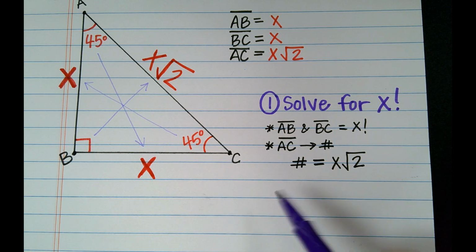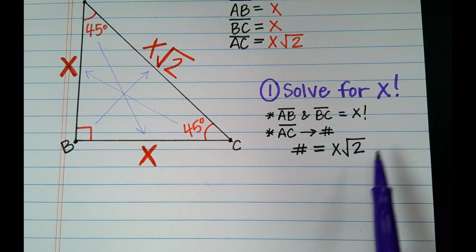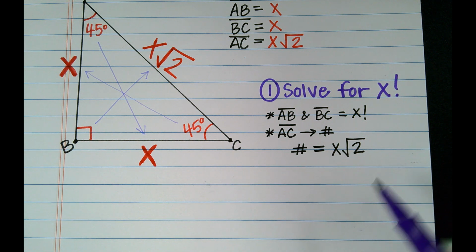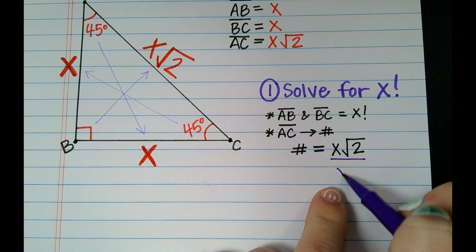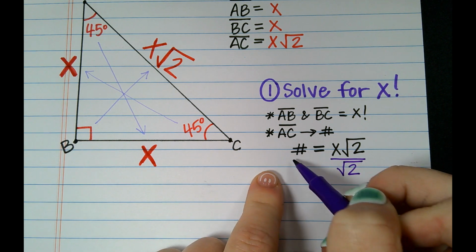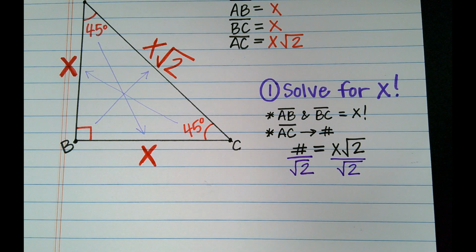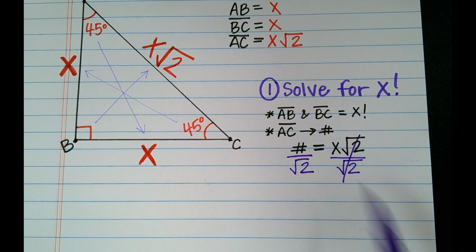And if this is the case where we have to solve for x, what is that one step we would take to get x by itself? Divide. We'll divide by radical 2 on both sides. That gives us x.